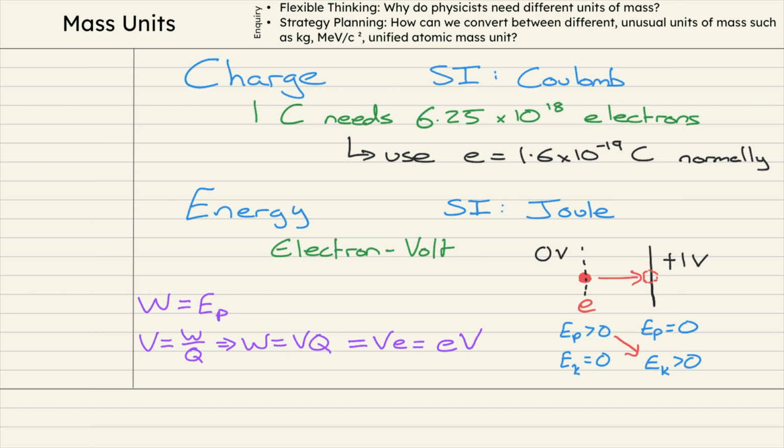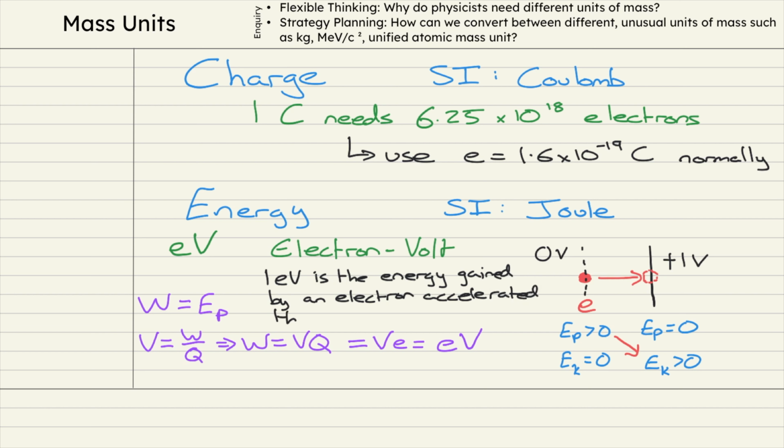This, eV, is called an electron volt, and it is a very useful unit for energy. 1 electron volt is the amount of energy gained by an electron that is accelerated through 1 volt potential difference.